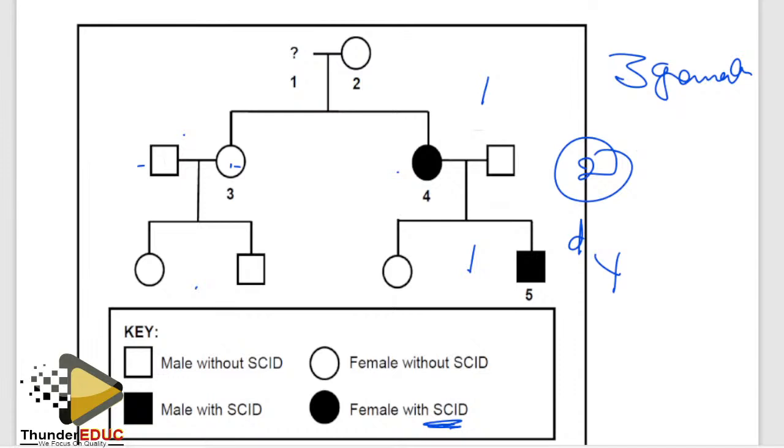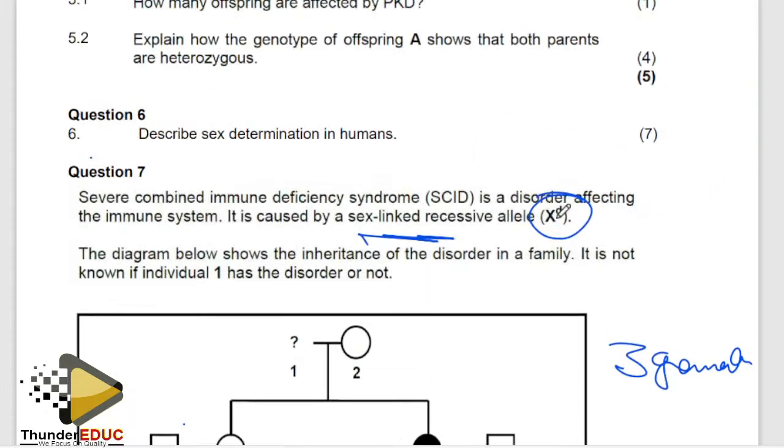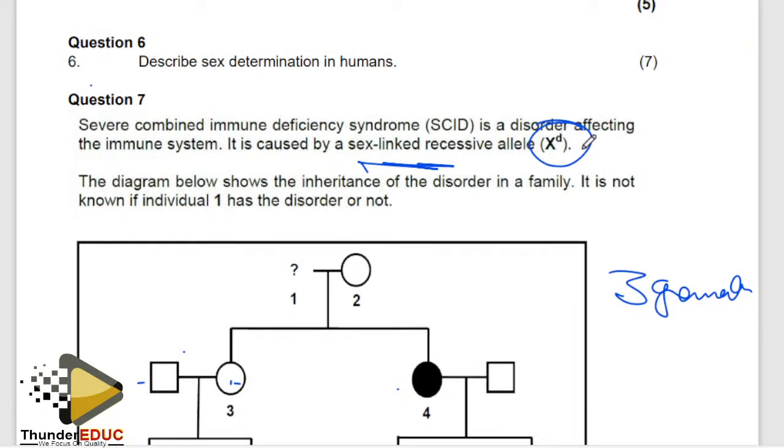All right, let's go to the next question. How do I identify? Okay, now someone is asking me. I'm going to go there so that we finish this. How do I identify one? To identify one, remember you have to first identify that this is caused by a recessive allele.